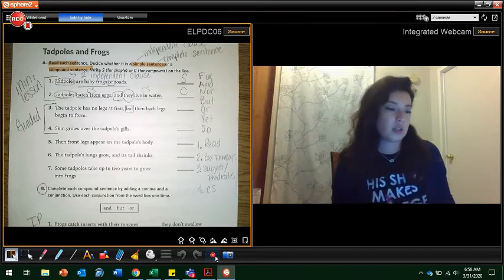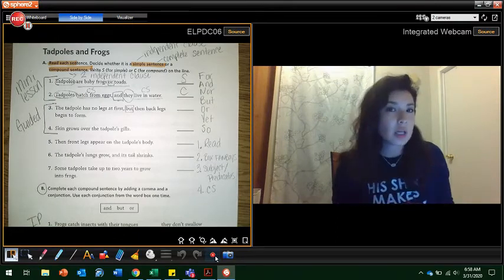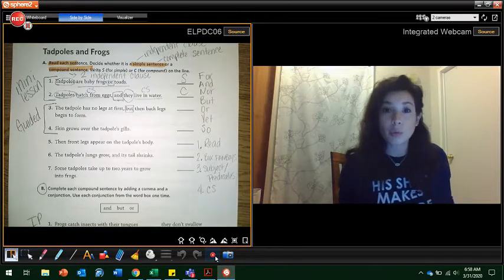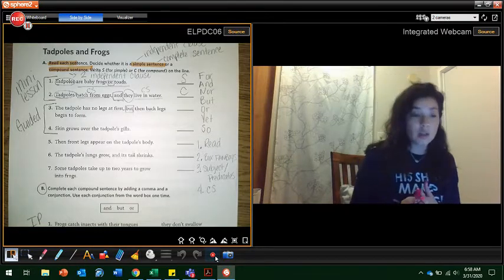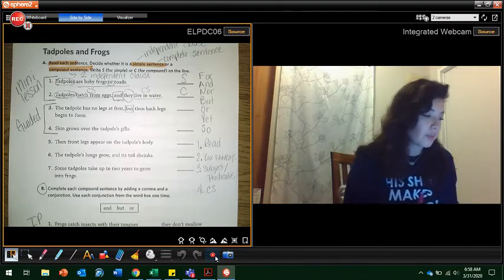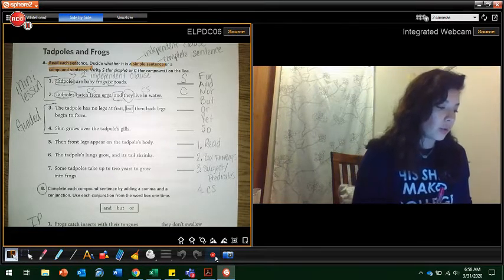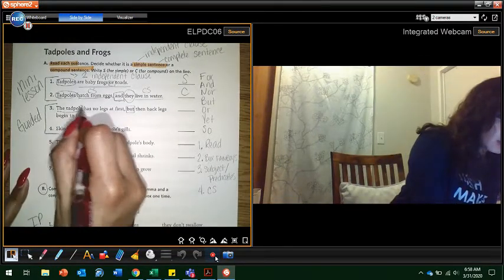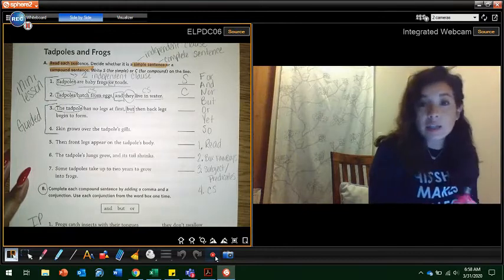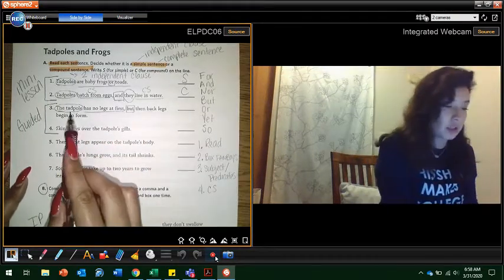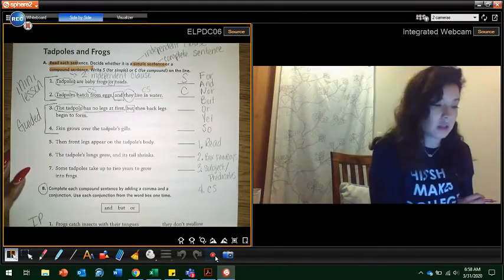Are there multiple subjects in this sentence? Are there multiple predicates? Is there only one? So you can always reread to think through that. So it says the tadpole has no legs at first. Okay, so here I see it's talking about this tadpole, and it's telling me it has no legs at first. So I have my subject circled and my predicate underlined.